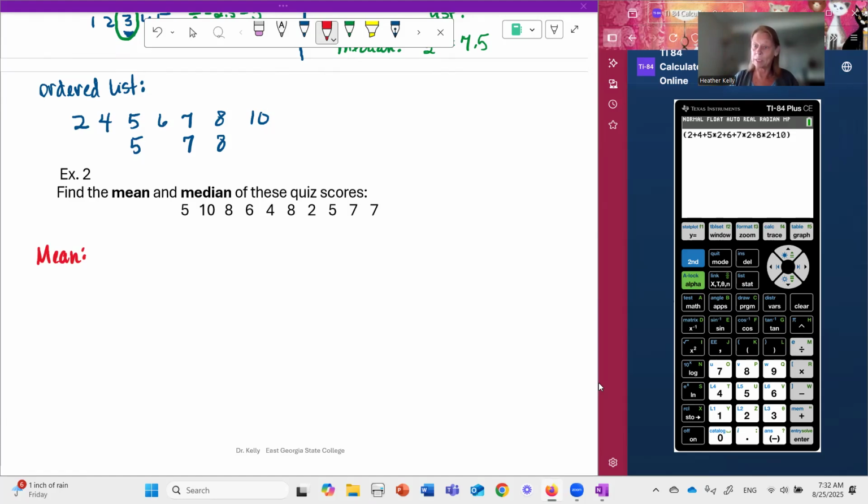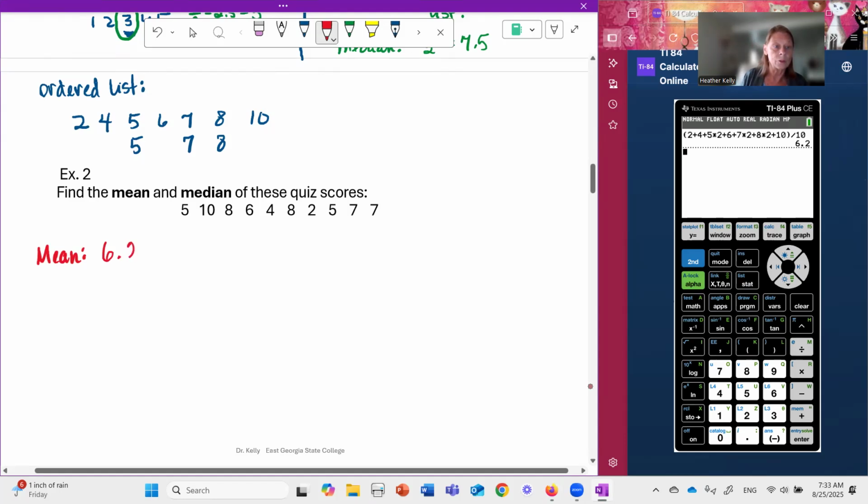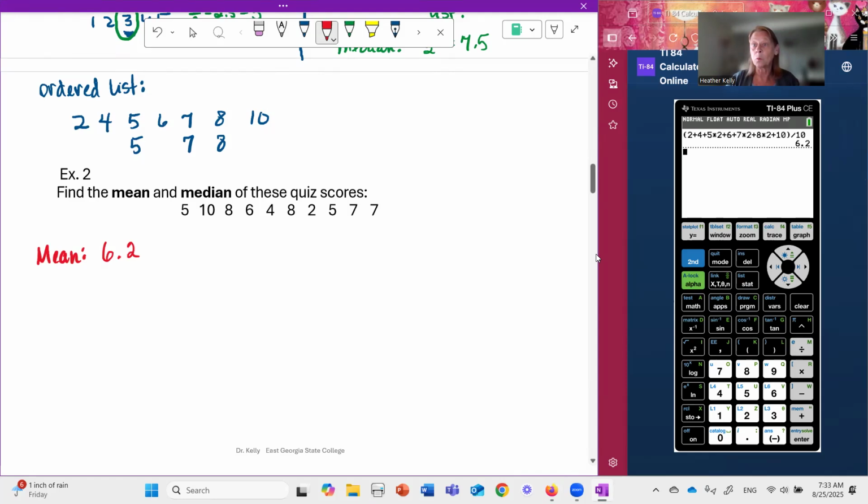Remember, we have to be careful with parentheses. Divided by 10 and enter. And our mean here is 6.2. Now, if that had given more decimal places, you would round it with the regular rules of rounding, 5 and up, we round up.